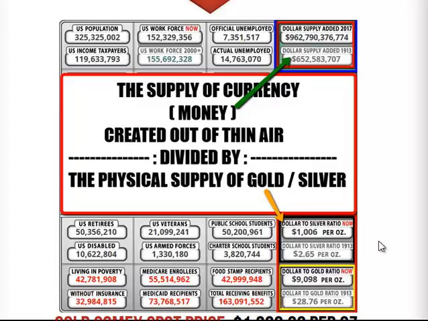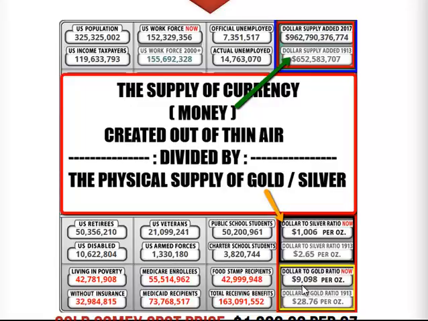So the point here is that for every ounce, and let me back up here. It also shows the dollar gold ratio starting from 1913, when gold was basically $28.76 per ounce, and that varies depending on how you calculate it, between $28 to $30 per ounce.